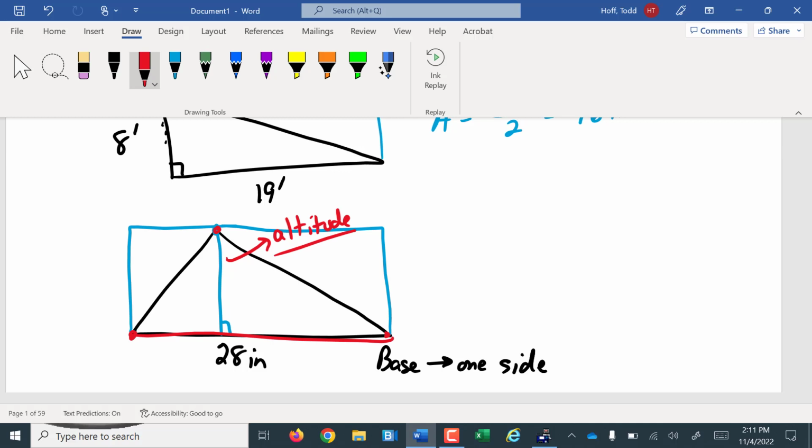If we give you that is 11 inches, the area of the triangle is found by doing what? Base times height, 28 times 11, and then divided by 2 because it's half of that related rectangle. Is that 154 square inches, I believe?